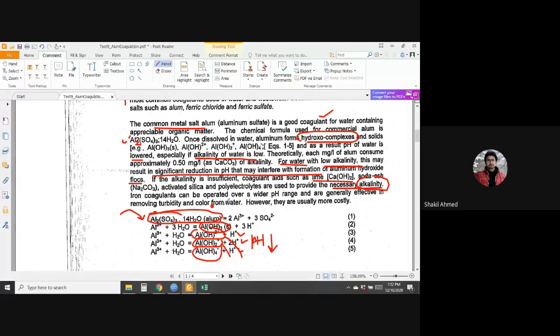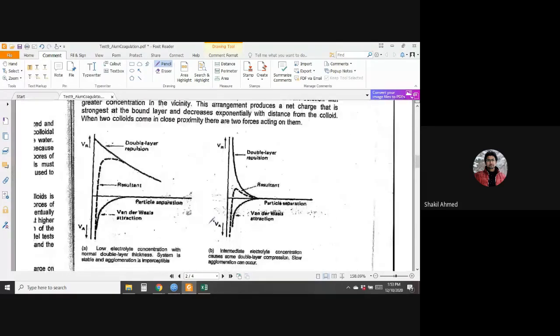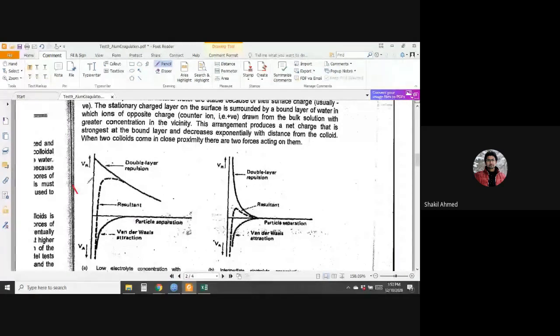If you already have high alkalinity in your water, then automatically your pH will not be lowered much, because alkalinity is the acid neutralization capacity. The extra acid will be absorbed by the alkalinity, right? So these are the mechanisms I already described in the class.